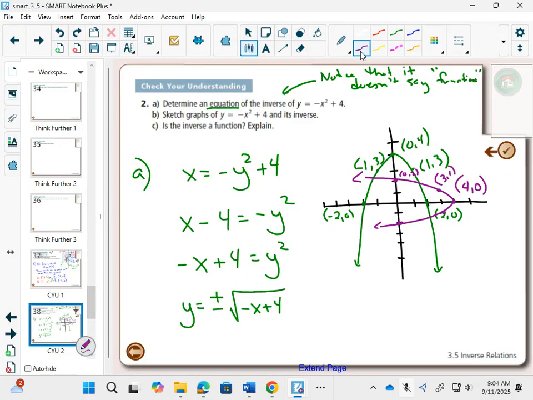Now, as far as seeing the purple graph, can you see that a sideways parabola is really just two square root graphs put together?